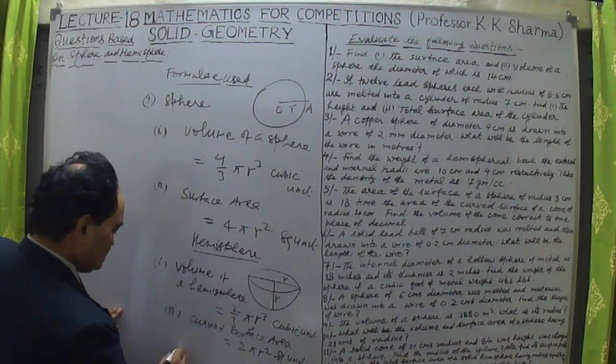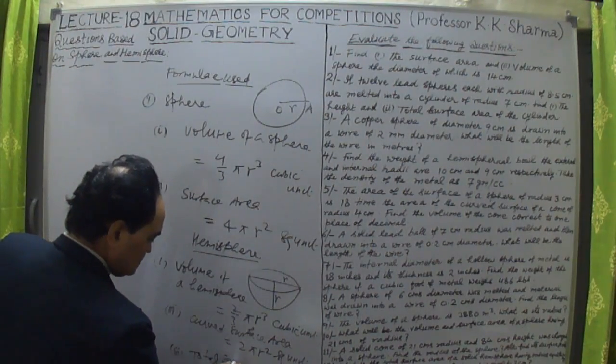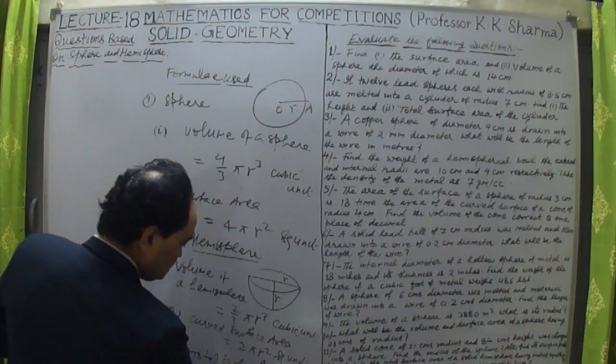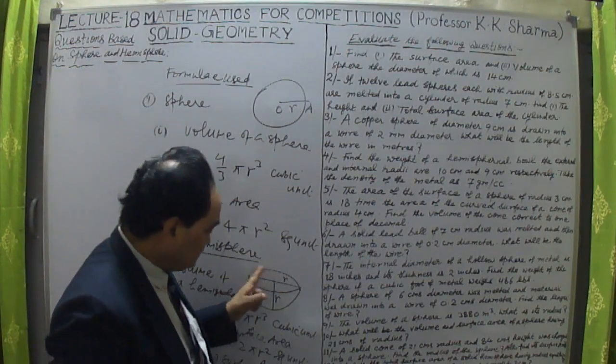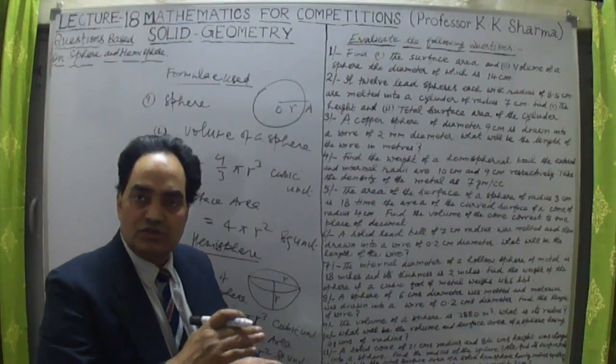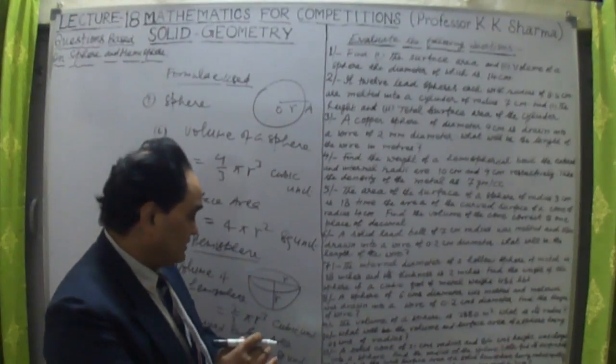What is the third formula? This is known as total surface area. In that situation, the area of the base is also added, just like an apple or an orange that is cut in between, which is a hemispherical shape.